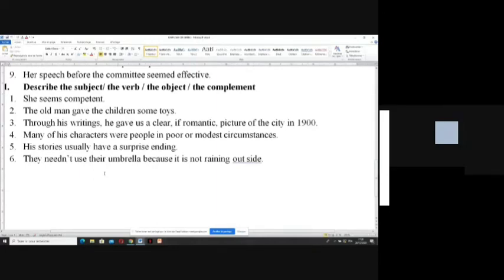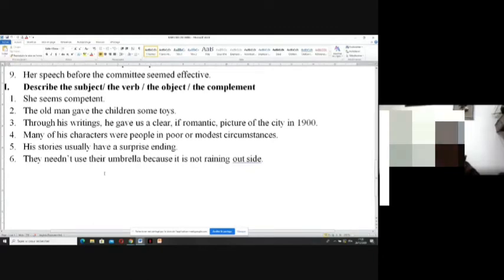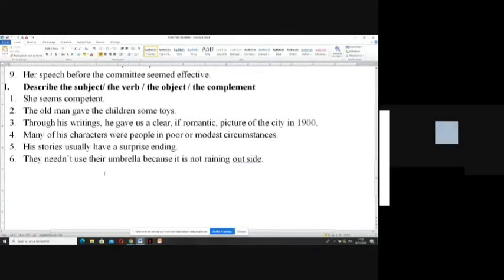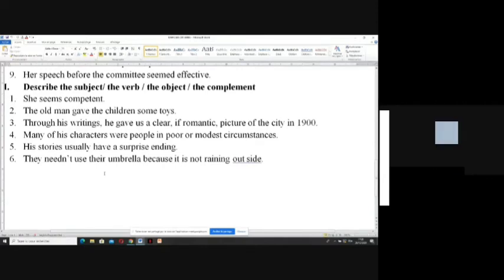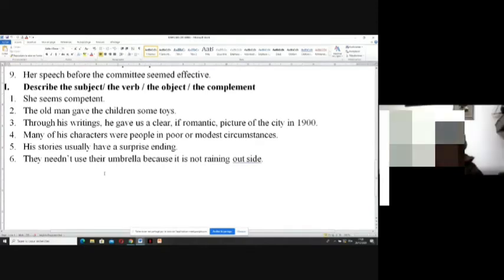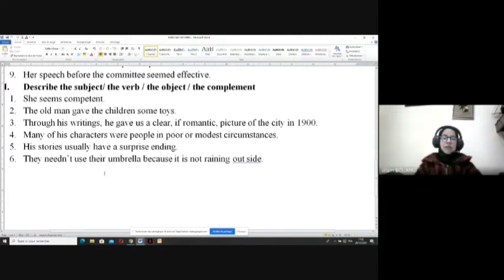What kind of direct object is it? Is it an adjective phrase or a noun phrase? Noun phrase. Do you know why? It functions as a noun. Here we have a clear, if romantic. Omit this, do without it. We can have, he gave us a clear picture of the city in 1900s.